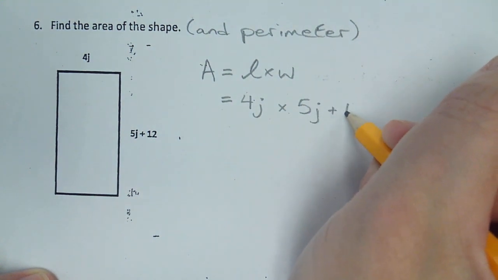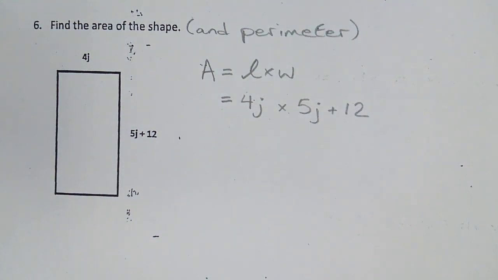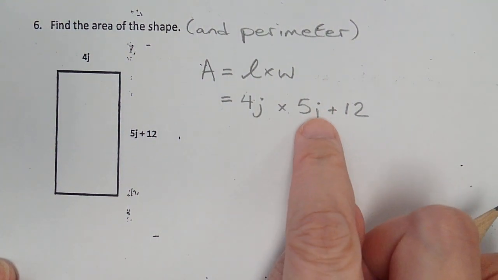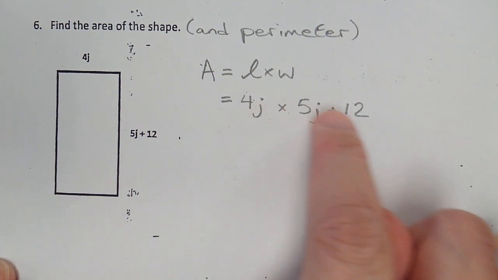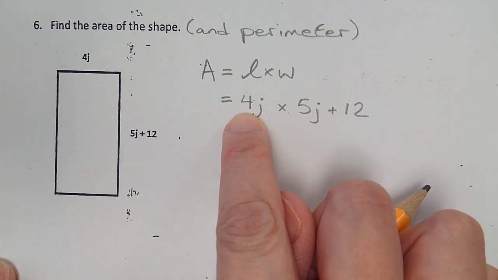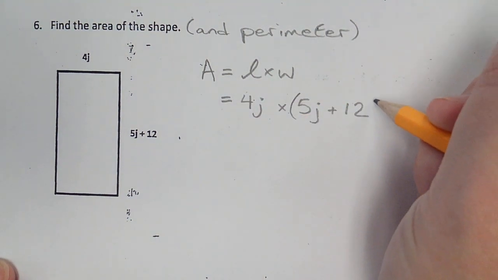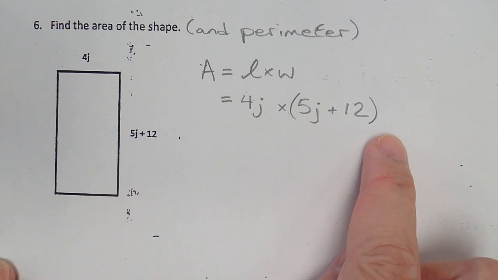Can I write it like this? I have to put brackets around the 5j plus 12. If I don't put brackets around this, the 12 is not going to get multiplied by the 4j. So I could write it like this.